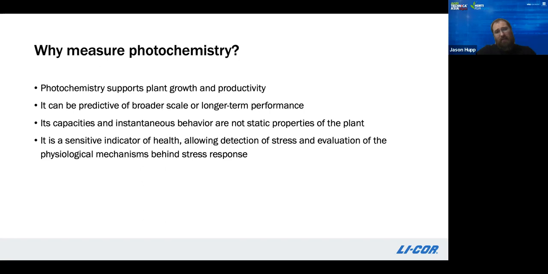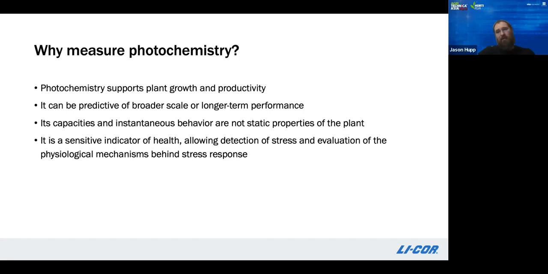But I will say that the reason that we want to measure them, that we don't want to just read about them in the literature, is because their capacities, their instantaneous behavior, these aren't static properties of the plant. These things change phenologically, they change ontogenetically, they change in response to the environment. And that's both thinking about the broader scale environment around the plant, but also smaller scale environments that happen within a plant canopy, right? And probably for the purposes of most people listening here, we care about these things because they are dynamic.